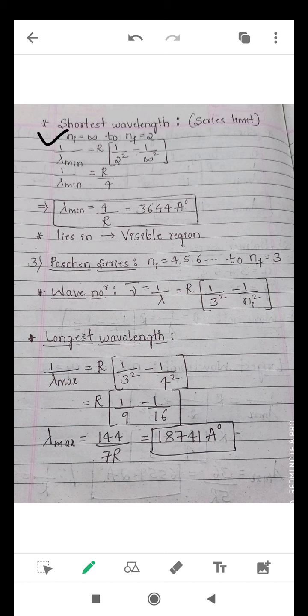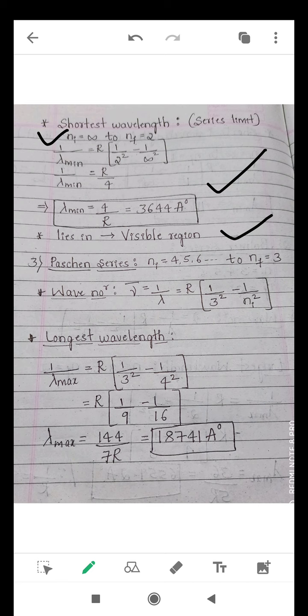By using the Rydberg formula we will get the lambda minimum for the Balmer series as 4 divided by r. The value of 1 by r is as usual 911 angstroms. By substituting that we will get lambda minimum as 3644 angstroms. This series lies in the visible region of the electromagnetic spectrum. So this is all about the Balmer series.